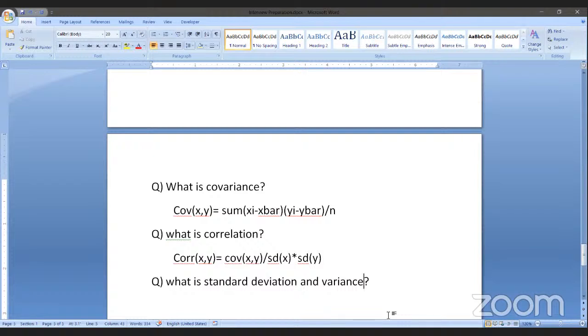So variance is the measure of how far each number is from the mean, and standard deviation is the amount of variation or dispersion of that variable from the mean.